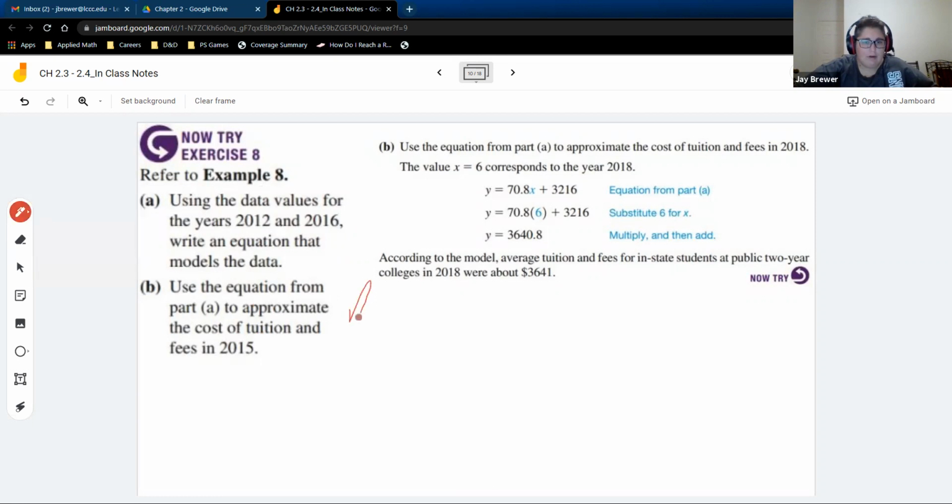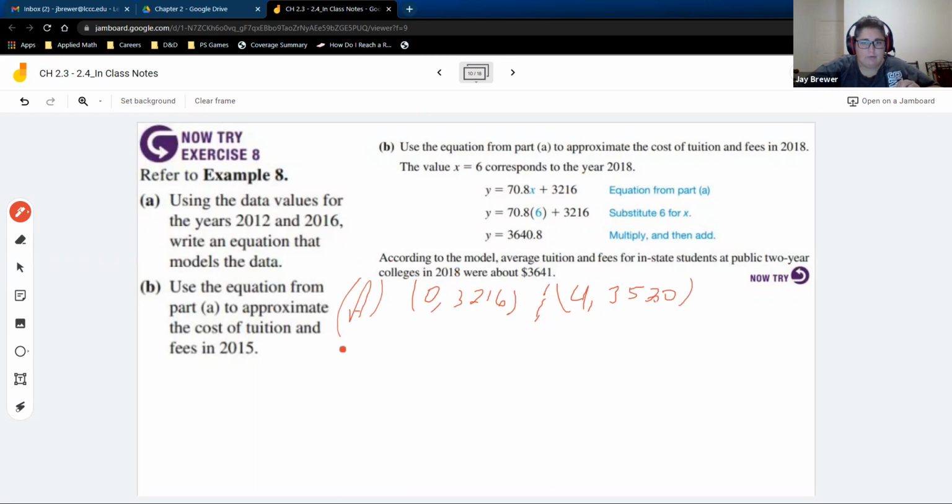That means for A, we're using the points (0, 3,216) and (4, 3,520). And that comes from a table in our book, but you don't really need it.